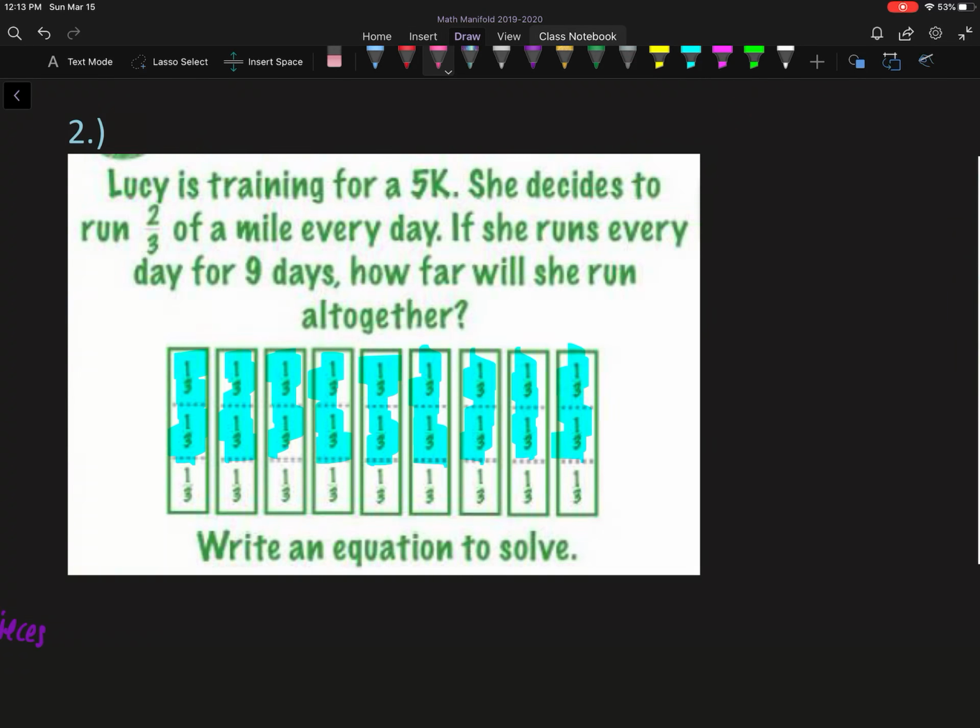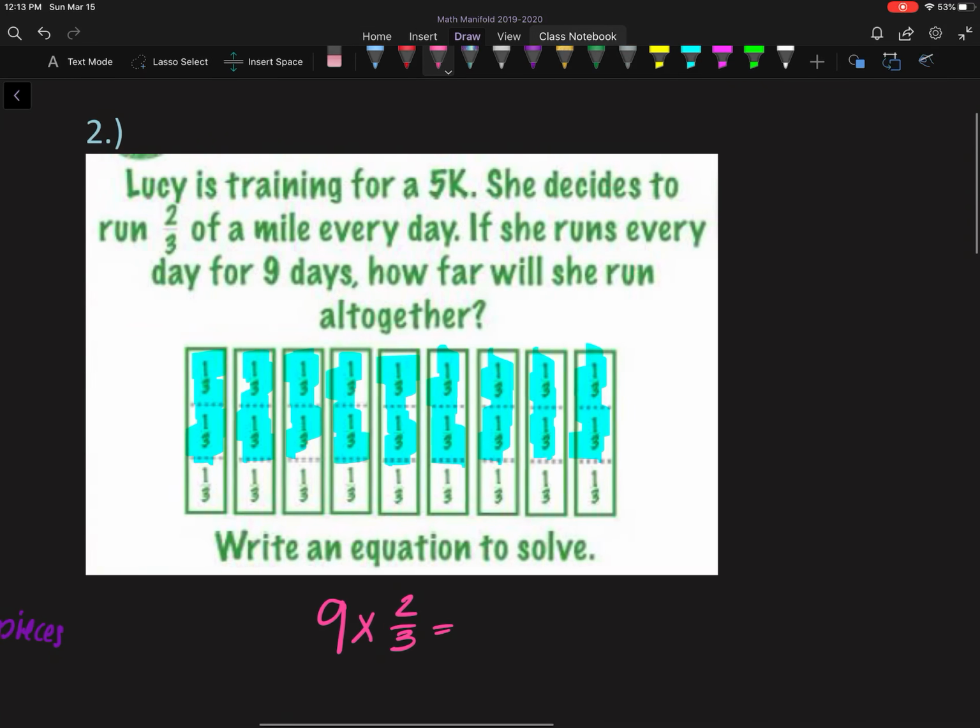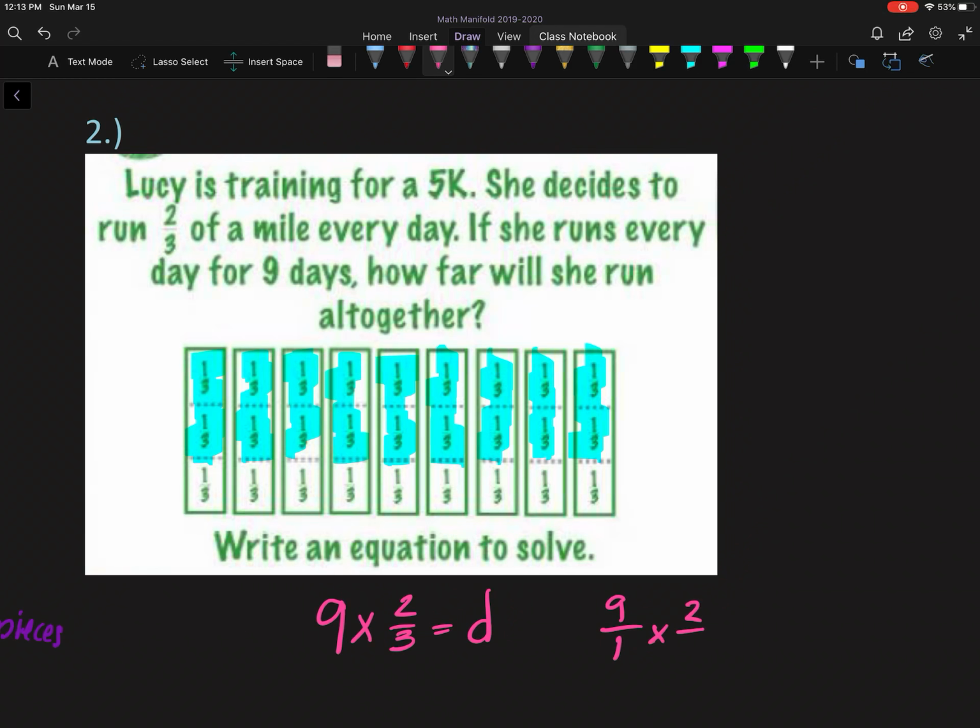So I can set up an equation: 9 times 2/3 equals, we'll just say D for distance, to see how far she is running.